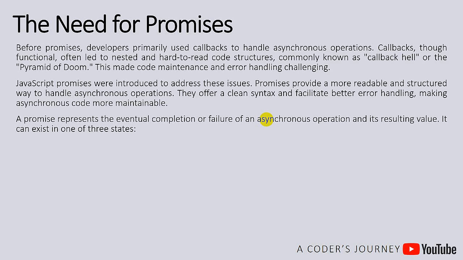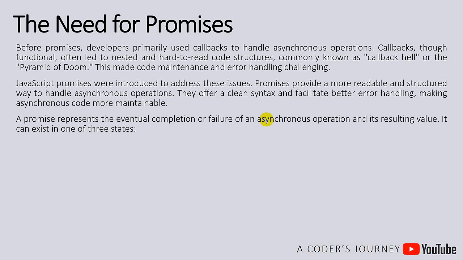The same concept applies to promises in JavaScript. A promise represents the eventual completion or failure of an asynchronous operation. That asynchronous operation, be it reading from a file or a database or receiving a response from a backend API, will either complete successfully or fail, right?